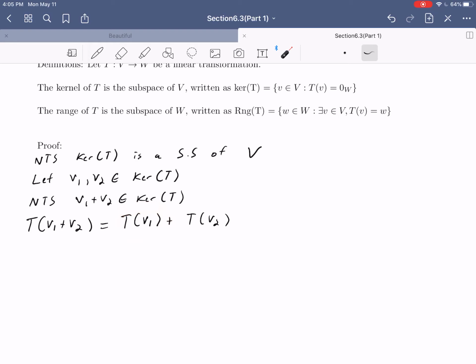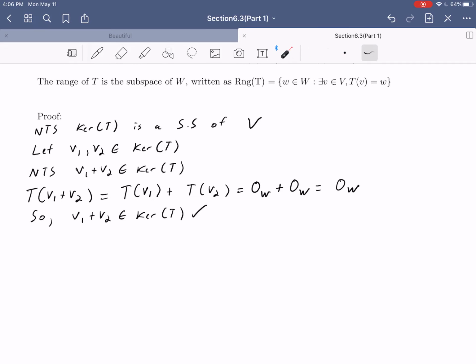T of v1, though, since v1 is in the kernel of T, must be the zero vector in W. And T of v2, well, v2 is in the kernel, so this must also be the zero vector in W. When I write that subscript W there, all that means is that we're talking about the zero vector, but in vector space W. And obviously the zero vector plus the zero vector is equal to the zero vector. So that tells us v1 plus v2 is an element of the kernel of T. Check. That shows that the kernel of T is closed under vector addition.